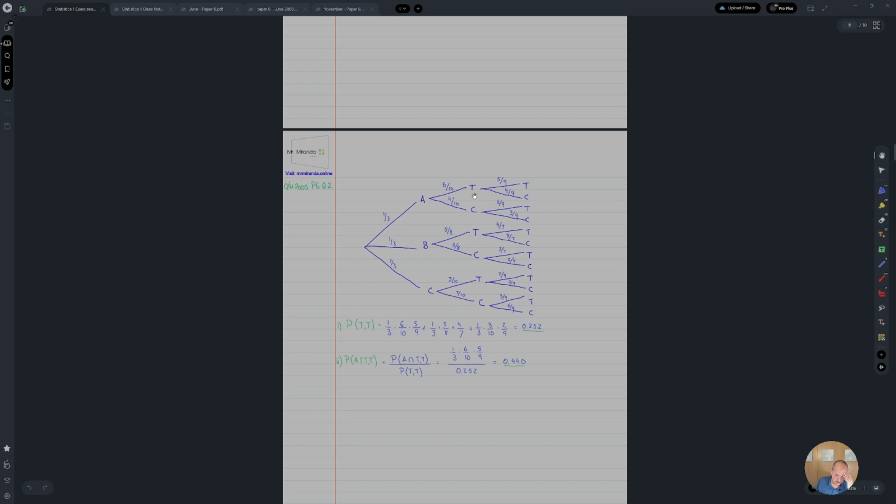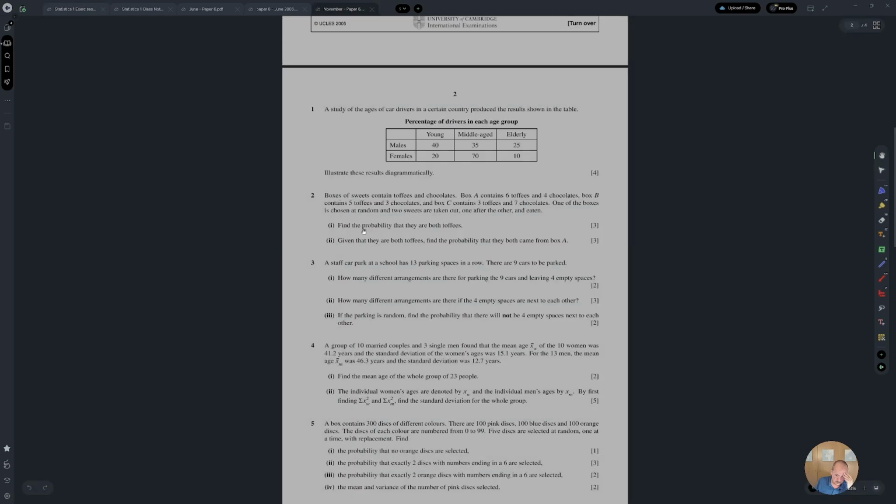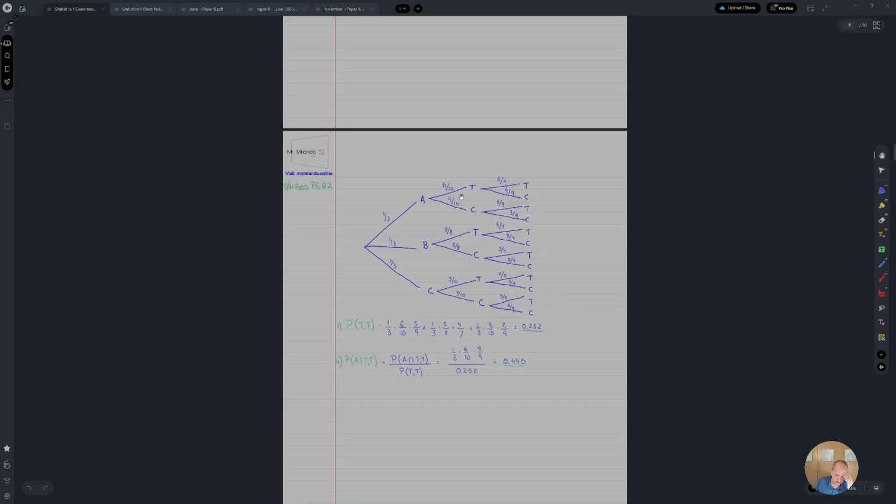All right? Now that I have the tree diagram done, I can actually calculate what is being asked. And the first question again was, find the probability that they are both toffees. So how many different paths do you have? You have the path of getting box A and then toffee toffee, then box B and toffee toffee, and box C and toffee toffee.